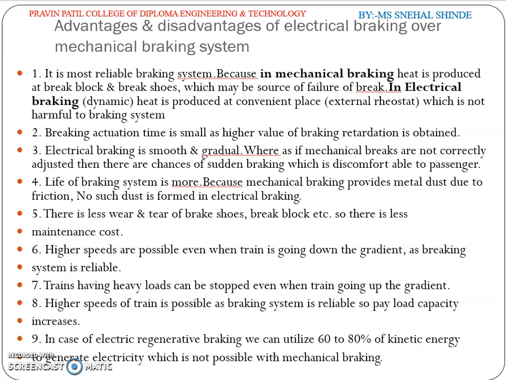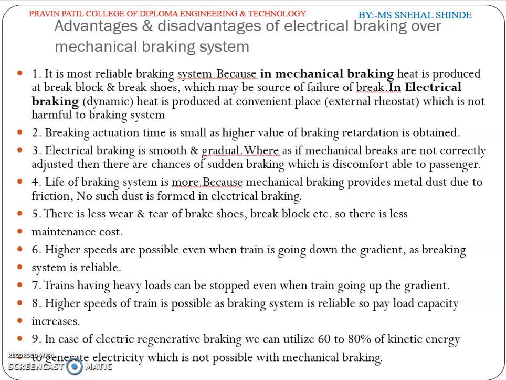In electrical dynamic braking, heat is produced at a convenient place, the external rheostat, which is not harmful to the braking system. So the braking actuation time is small as a higher value of braking retardation is obtained.